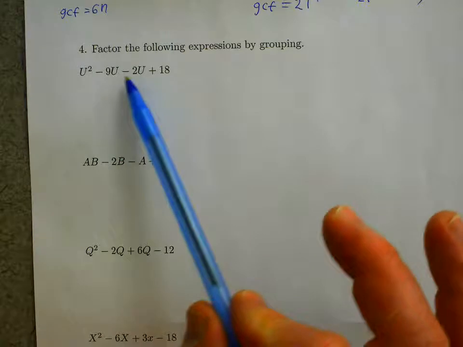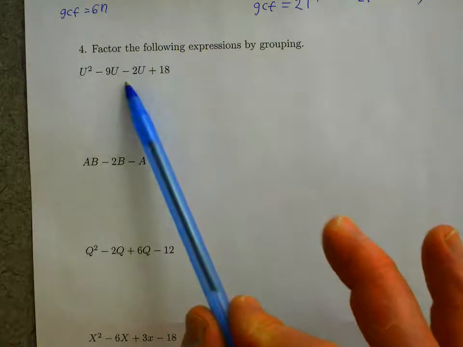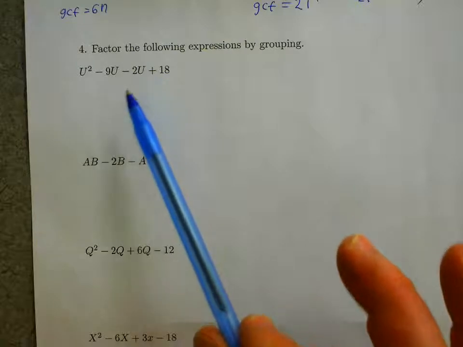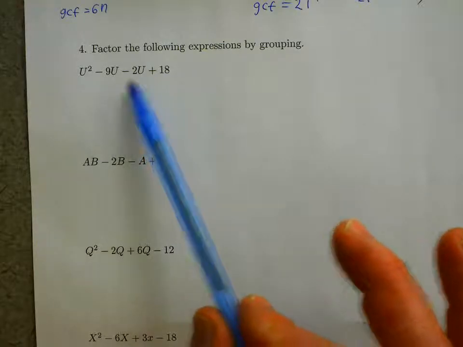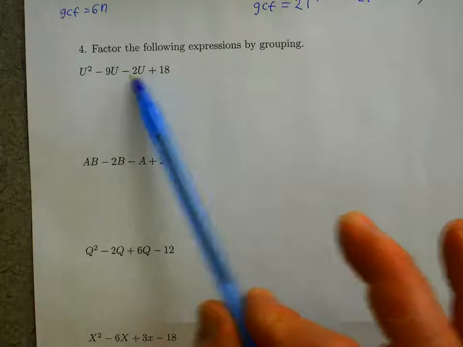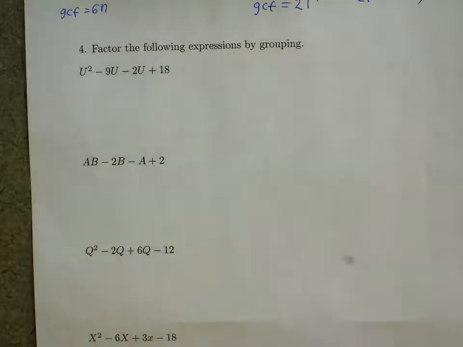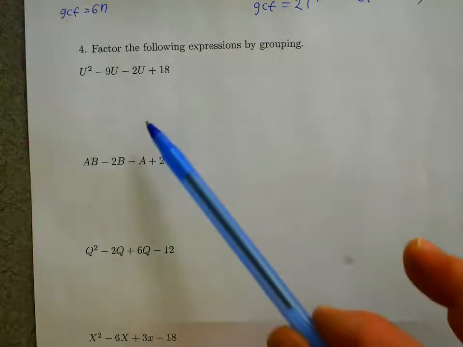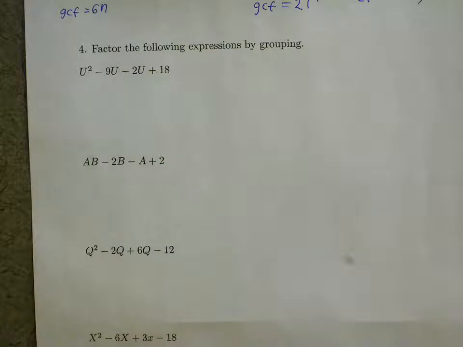If the middle operator is subtraction, like we have here, then we're going to factor out the negative of the greatest common factor of the third and fourth terms. Then once we do that, we'll complete the factoring by factoring out a common binomial factor.